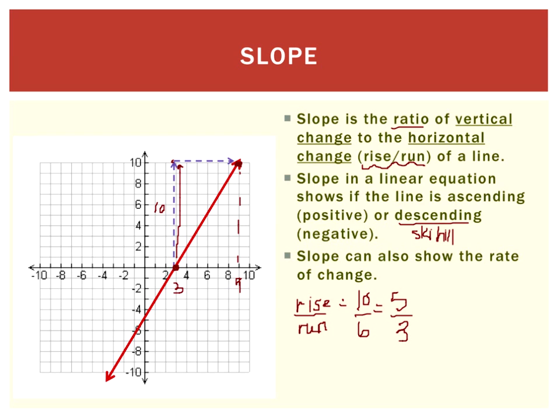And what that means is I also could have risen 5 units, which would be here, and gone 3 units and found another point. 1, 2, 3. Yep. So 5 over 3, or, like I said, 10 over 6. And we know from ratios that these ratios are the same. So that's a visual picture of slope, at least an ascending slope.